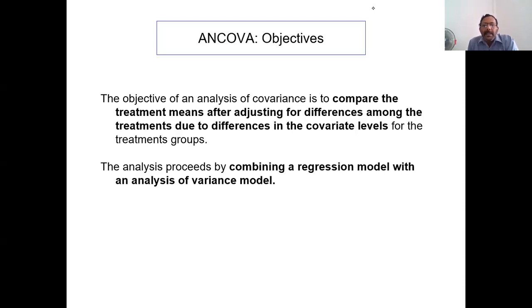That is the objective of ANCOVA. The analysis proceeds by combining a regression model with the analysis of variance model. If somebody asks, it is the combination of regression and the ANOVA.